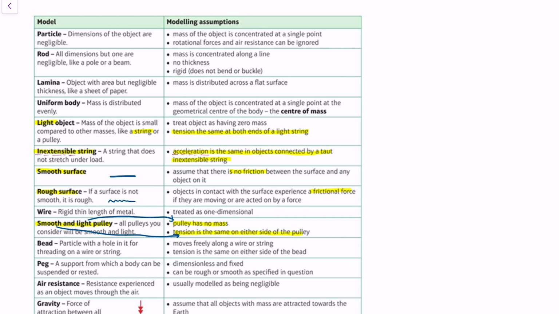The other one is air resistance is negligible, obviously, in this course, and gravity, which I always talk about, is 9.8 unless otherwise stated. So please take a look at this before an exam to make sure you know the modeling assumptions that are made in the mechanics applied paper.